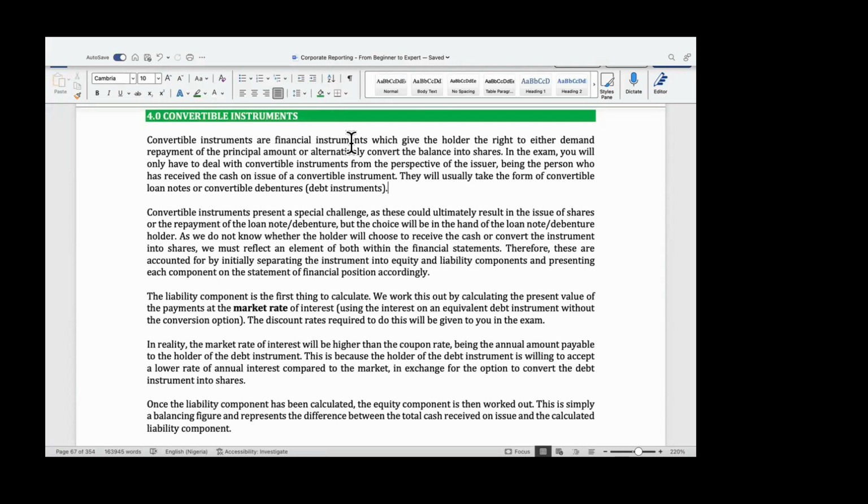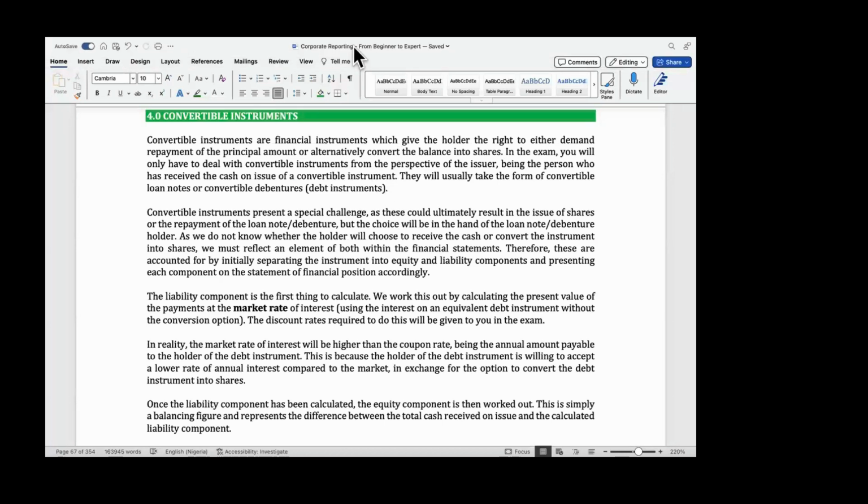So the challenge is this. Let's say I've borrowed 10,000. How much of that 10,000 am I going to recognize in my books as a liability, and how much as equity?